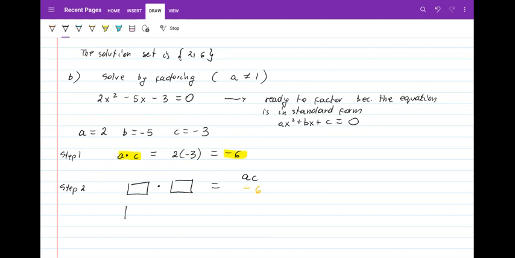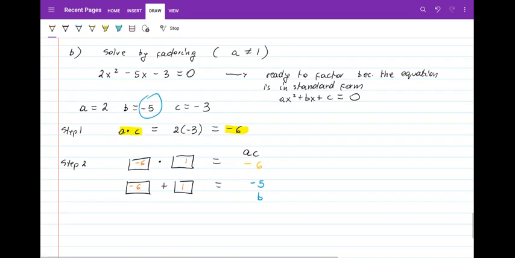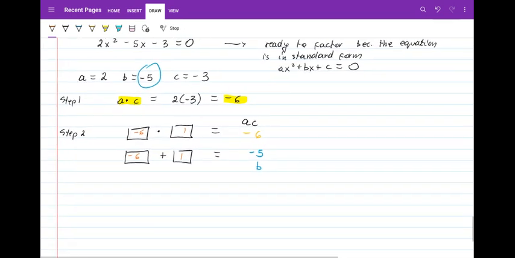And the same two integers by addition have to give you coefficient b. So coefficient b is negative 5. And here we have to just check what's going to work. Negative 6 and 1 will work. So when you find those two integers, you're ready to move to step 3.